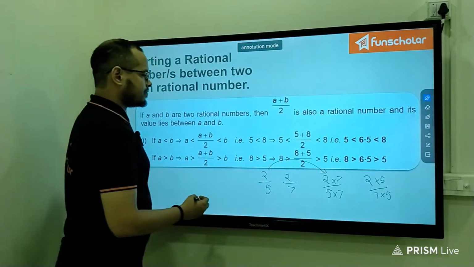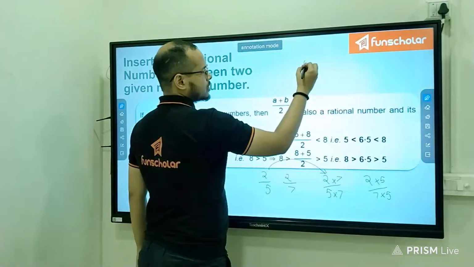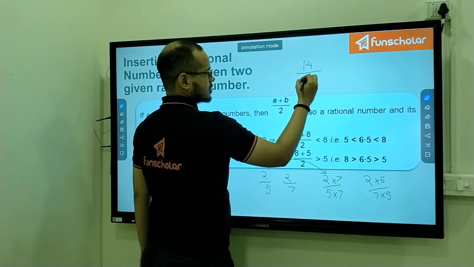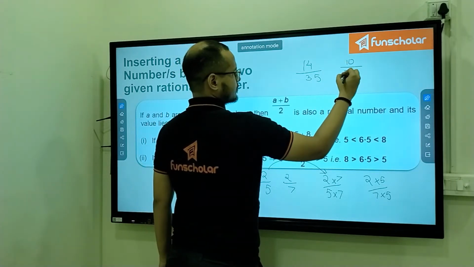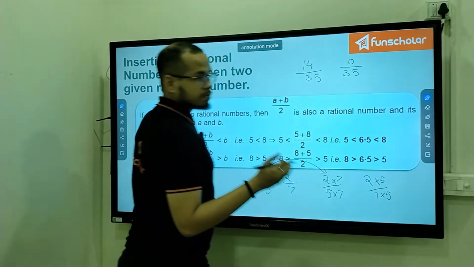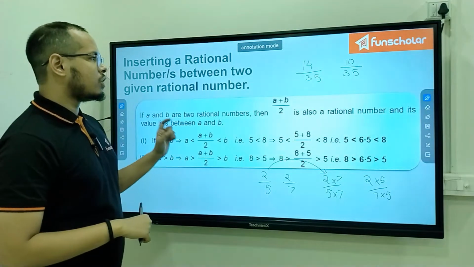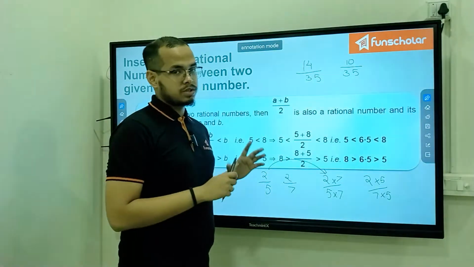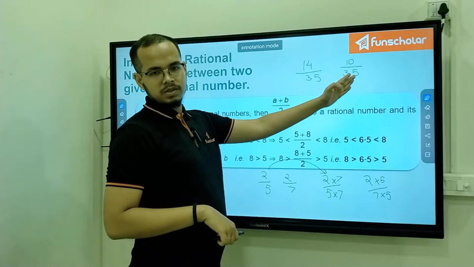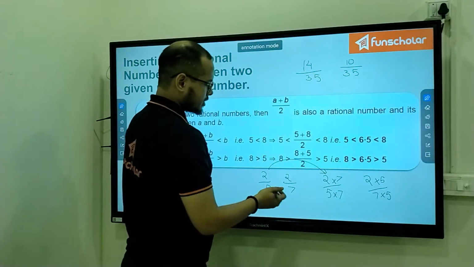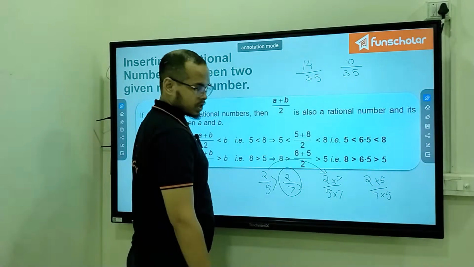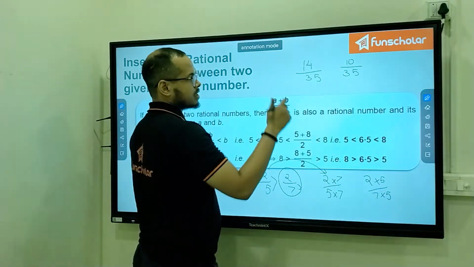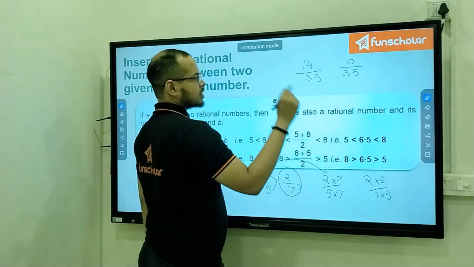This comes out to be 14 by 35 and 10 by 35. Now, by utilizing this concept, we already understood which is greater and which is smaller. So 10 is smaller than 14. Similarly, we can say that 2 by 7 is smaller than 2 by 5. That's it. But now let's insert some more numbers.